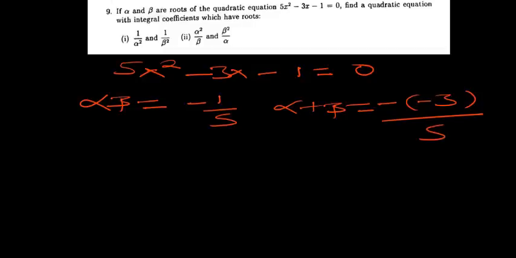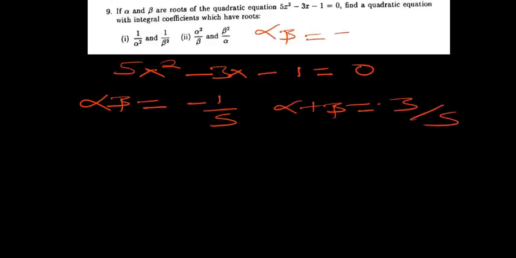So we have -1 over 5, and for alpha plus beta that becomes positive 3 over 5. So I want you to take note of these two values. Alpha beta is -1 over 5, and then alpha plus beta is 3 over 5. Take note of those two values.